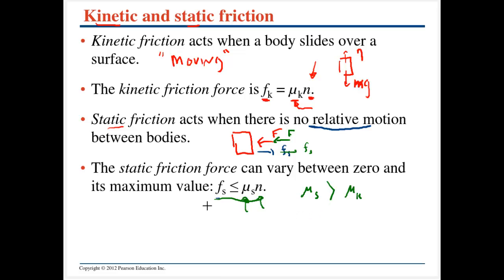If you're trying to push a box, once you get it in motion, it's easier to push than it was when you were trying to get it in motion. So the coefficient of static friction is always going to be larger than the coefficient of kinetic friction. Once you get it moving, it moves very easily.